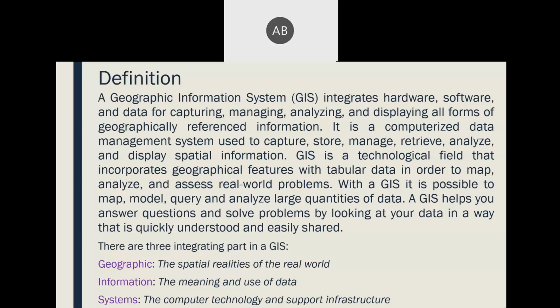You draw a map and show those areas in some shades of blue. All these things are done in a GIS, and the ultimate goal is to produce a map.